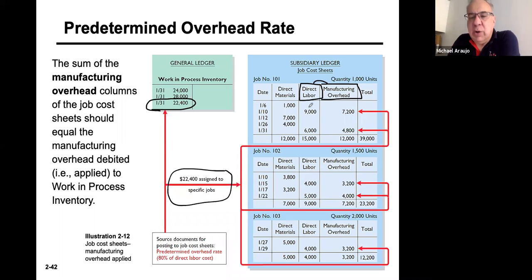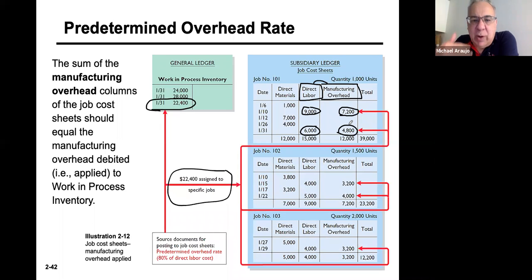Okay. So if your direct labor cost for job 101 was $9,000, 80% of that number, which is $7,200, represents the manufacturing overhead for that job on that day. At the bottom of job number 101, at the end of the month, we allocated $6,000 of direct labor for this job. 80% of that is $4,800, and that's going to be your manufacturing overhead.